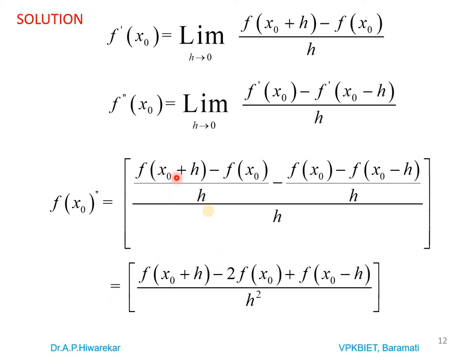If you simplify, we get 1 by h square as the common denominator. So f of x0 plus h minus f of x0 minus f of x0 gives minus 2 f of x0. Minus of minus is plus f of x0 minus h divided by h square. And obviously that is our option D. So the answer of this problem is D.